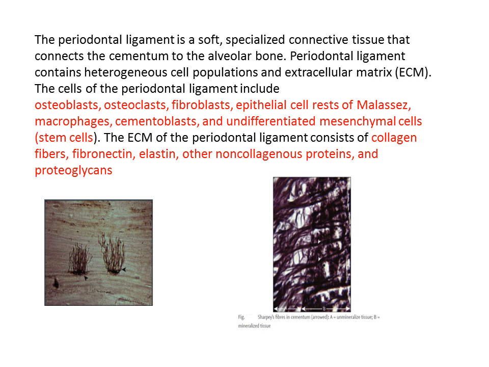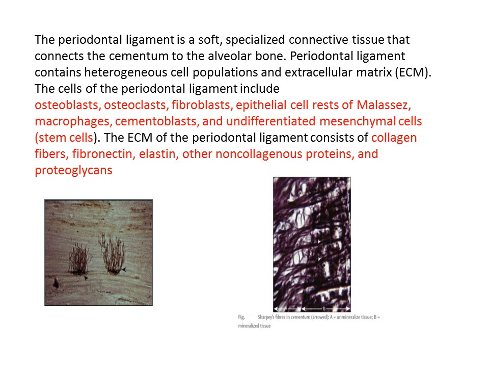The periodontal ligament is a soft, specialized connective tissue. It connects the cementum to the alveolar bone. It has a heterogeneous cell population and extracellular matrix.